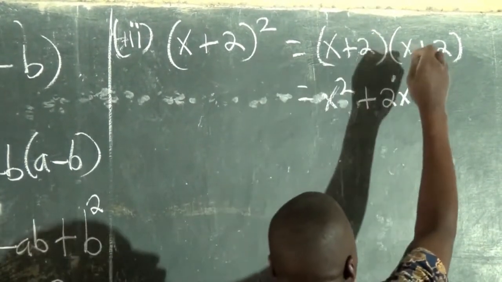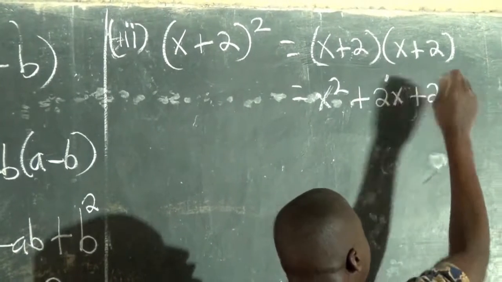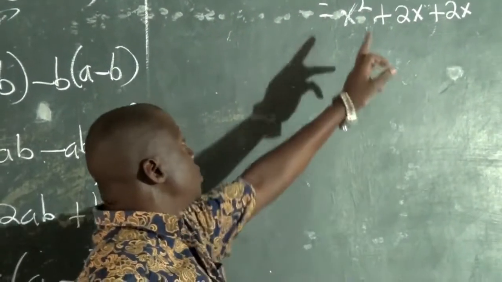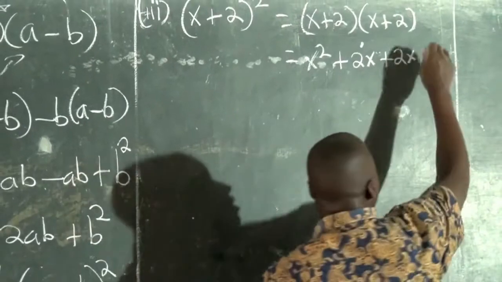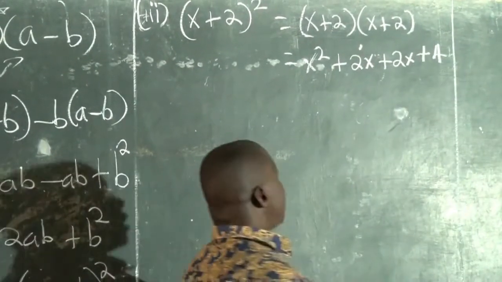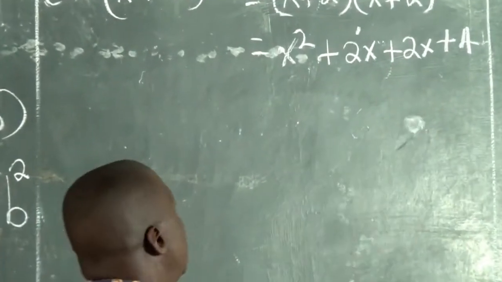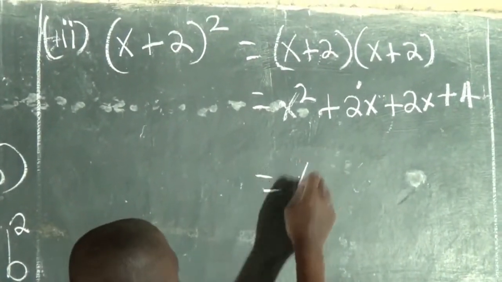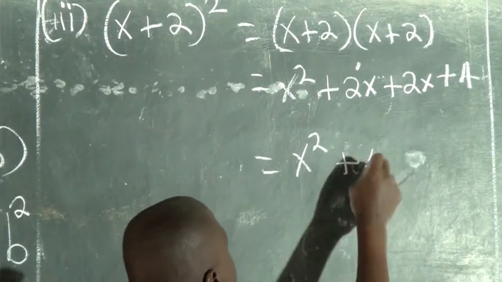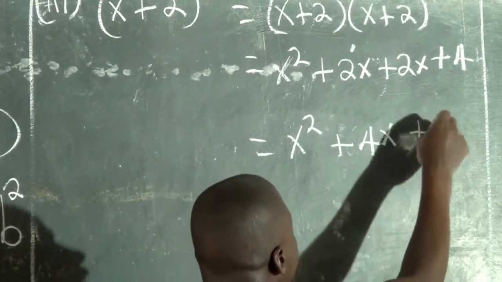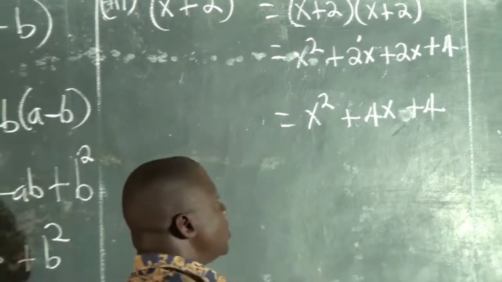Then 2 times x is 2x. 2 times 2 gives positive 4. When you collect like terms, we have 2x and 2x. This gives x squared plus 4x plus 4.